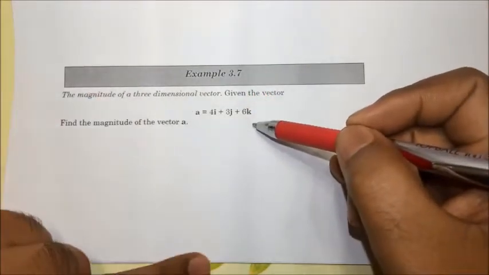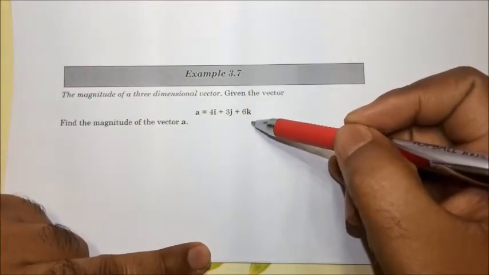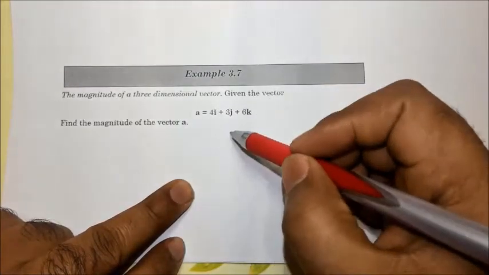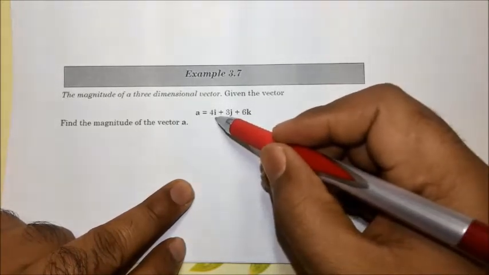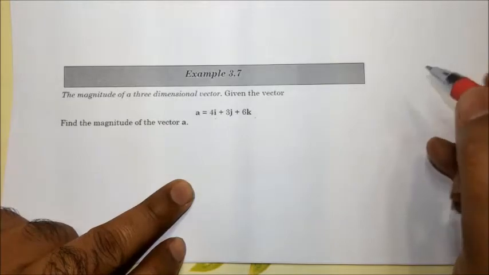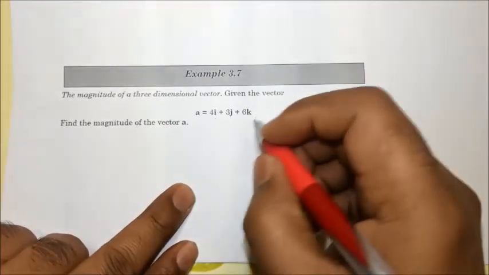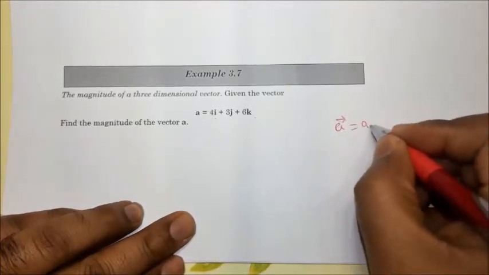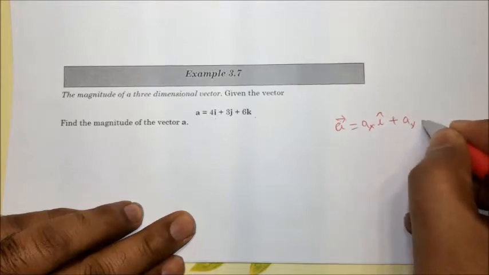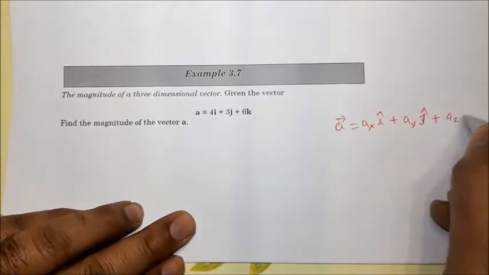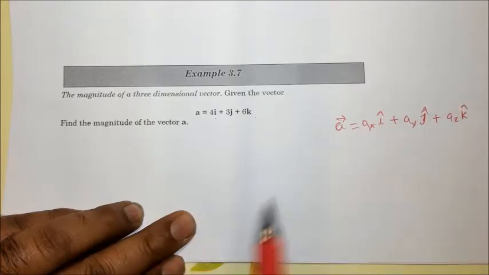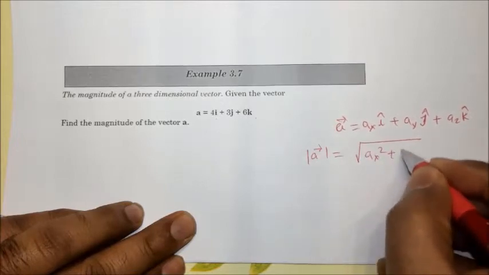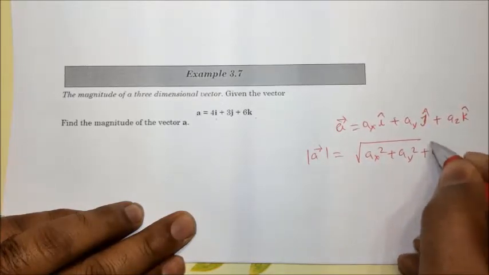The concept of 2 dimensions can be extended to 3 dimensions. If you have vector A, what will be the magnitude of vector A if its x, y, z components are given? If you have vector A equal to axi plus ayj plus azk, the magnitude of vector A is going to be square root of ax square plus ay square plus az square.